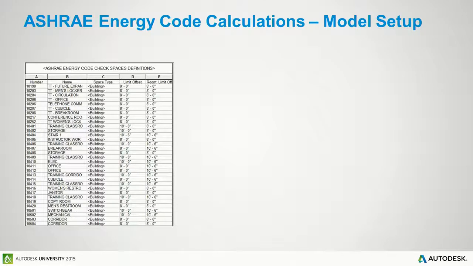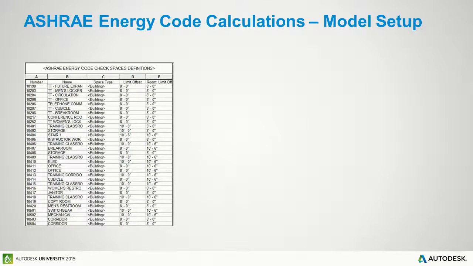So on this schedule, we've got the room number that we pulled across the link. We've got the space name that we pulled across the link. And then I've got the limit offset, which I've defined in my model. And right beside that, I have the room limit offset, which is what the architect defined the ceiling height or the room volume height to be.